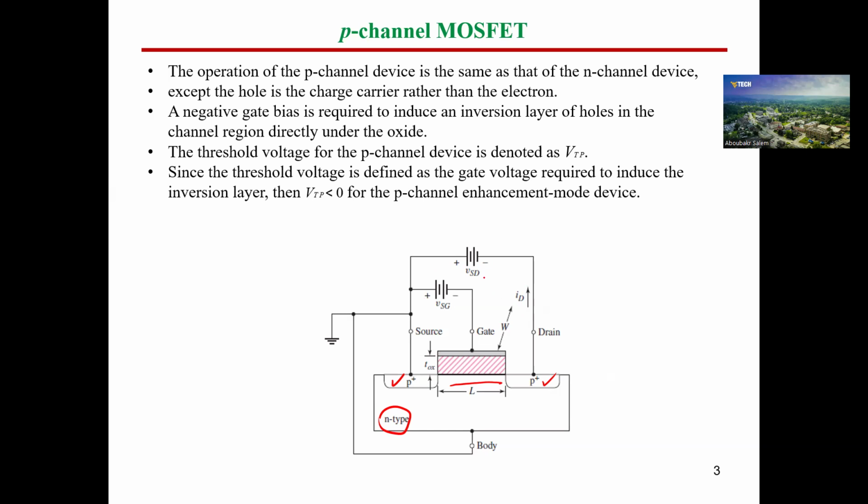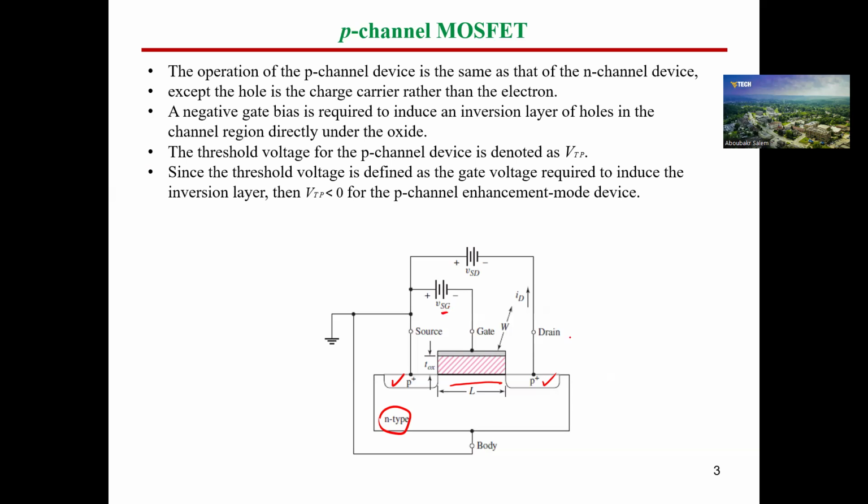But instead of saying VDS in negative sign, we will say VSD instead. And the same is also for VGS. Instead of saying VGS in positive sign, we will say VSG in positive sign. So let's replace the notation instead of replacing the signs of these voltages.